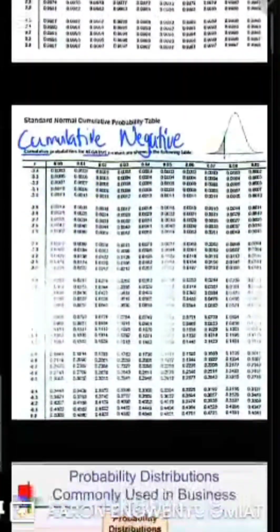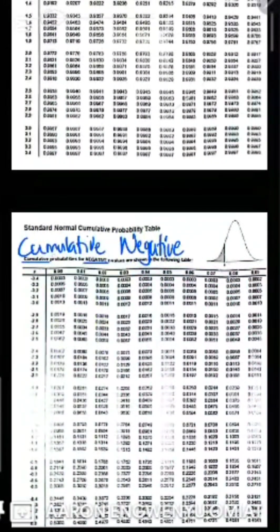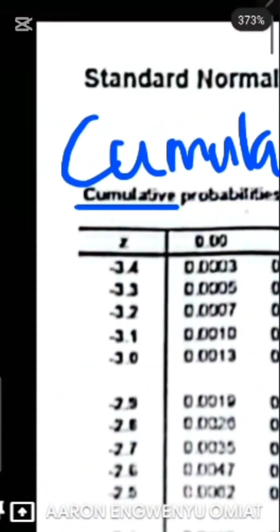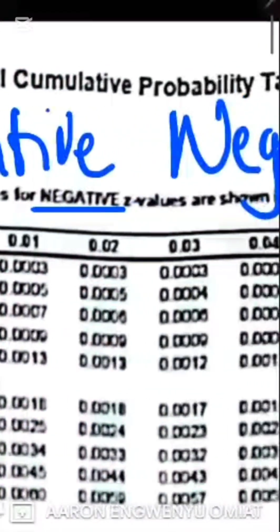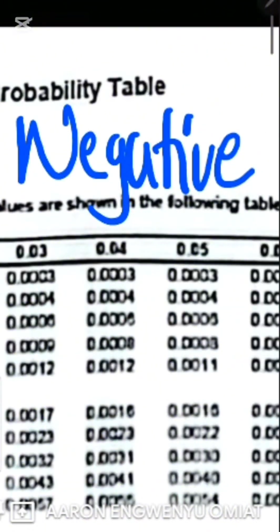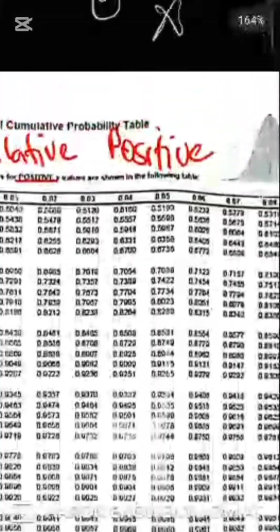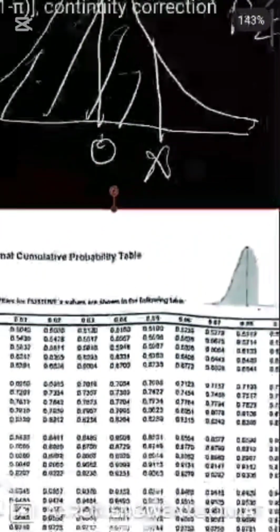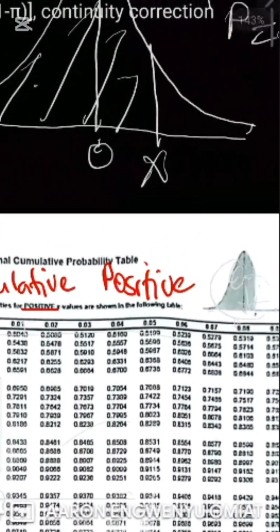It says cumulative probabilities for negative z values are shown in the table below. The first one says cumulative probabilities for positive z values. Remember, always in the exams you will be provided with this table, so it's up to you to know what to do with it.